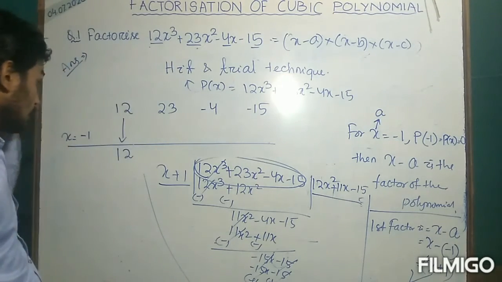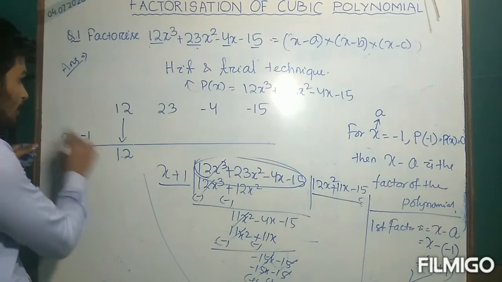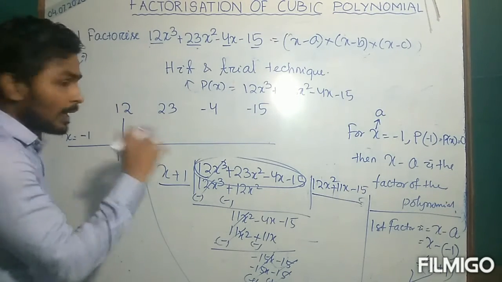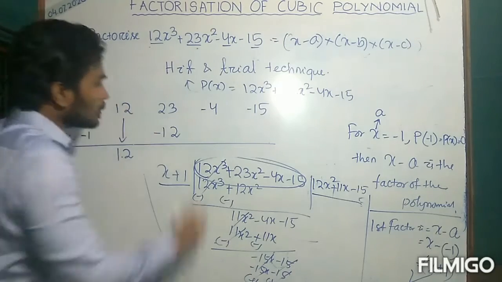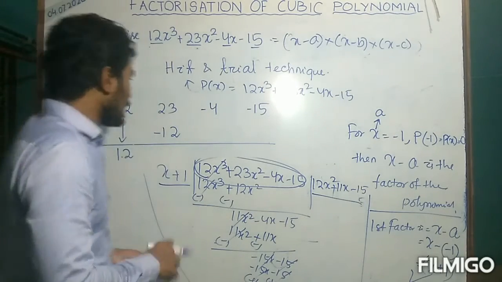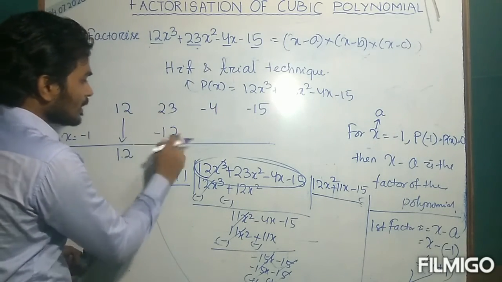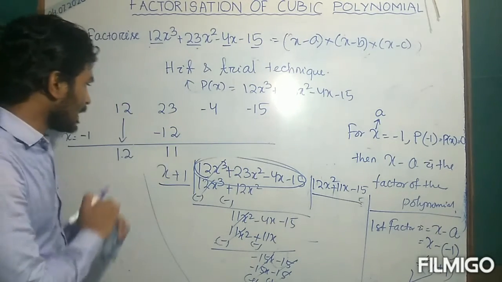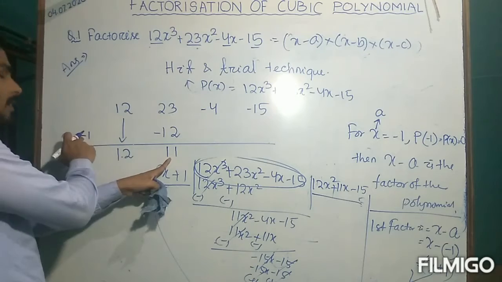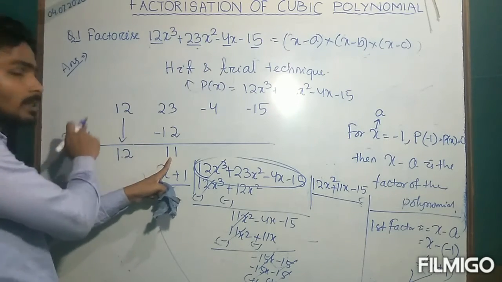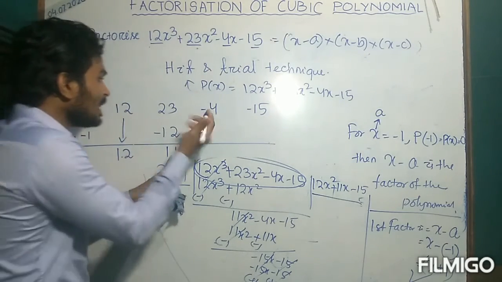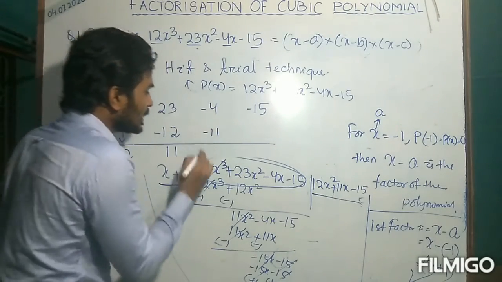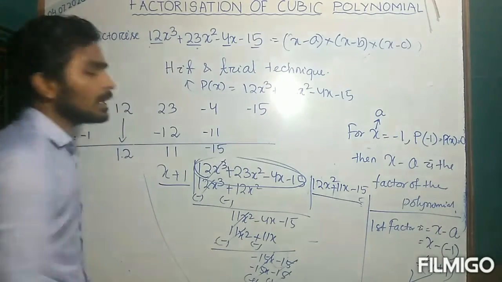Now multiply 12 with minus 1. So 12 into minus 1 is minus 12, and write minus 12 just below 23. Now add these two. 23 minus 12 is how much? This is 11. Clear? Again, multiply this 11 with minus 1. This is minus 11. And write minus 11 just below minus 4. Now add them. After adding them, it will be minus 15.